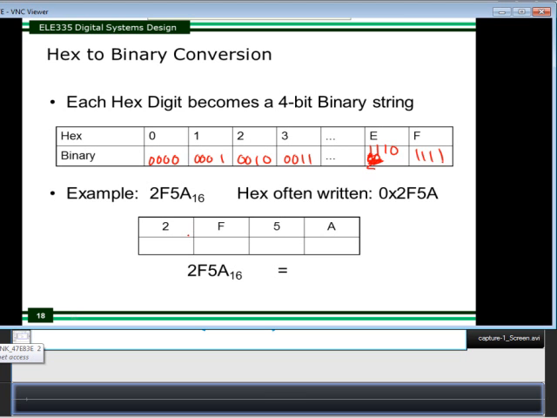So our example here of 2F5A to binary, which our friend already did for us earlier. Perhaps he was psychic.